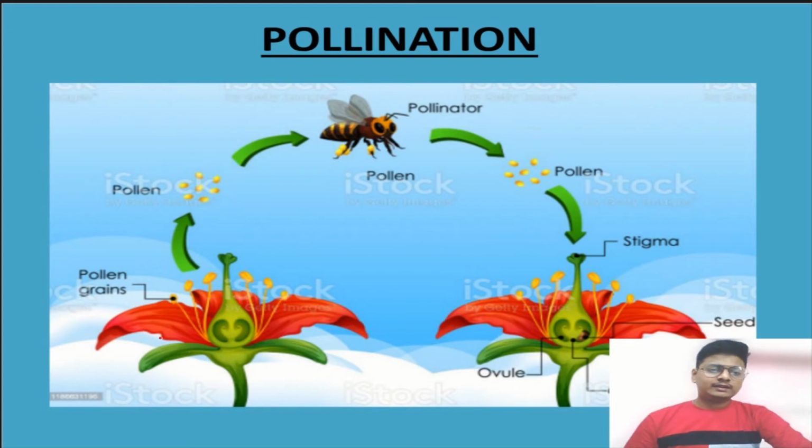This is cross pollination. If it is going from the same flower, like from this to this, it will be called self pollination.